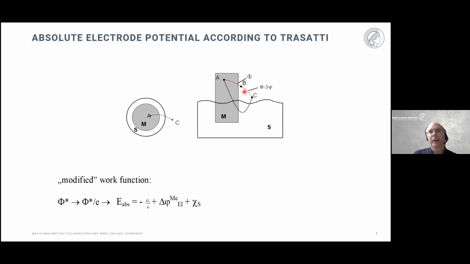So if you go from B to C to the same position as before, then we have to go through an electric field. That's the so-called Volta potential difference between B and C. So this term here is equivalent to the work function of the metal and the Volta potential difference between point B and C.